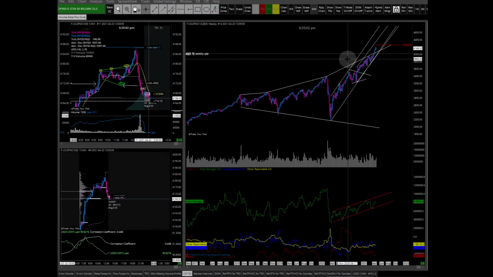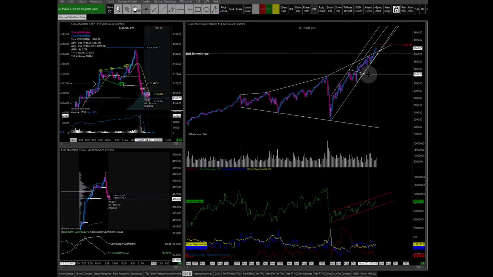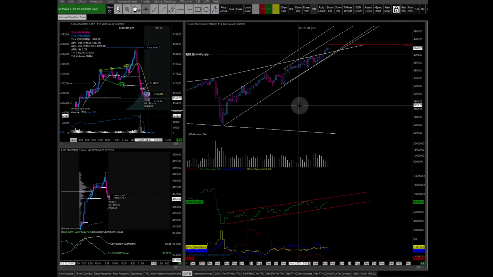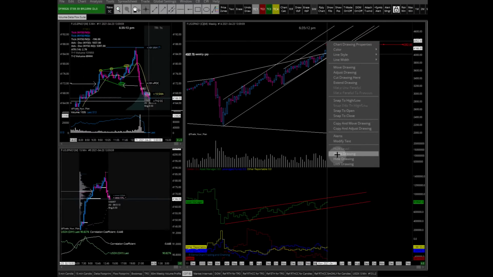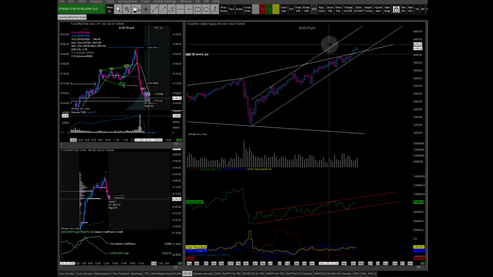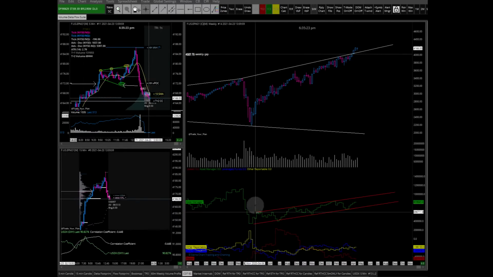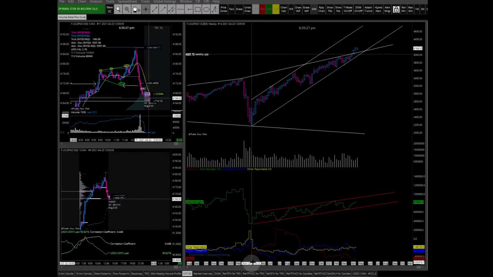If you redraw, let's say you just get rid of all this, a lot of hypotheticals. We know what's going on based on our 60-minute chart. Let's just erase a lot of stuff. Maybe we want that one. Okay, whatever.